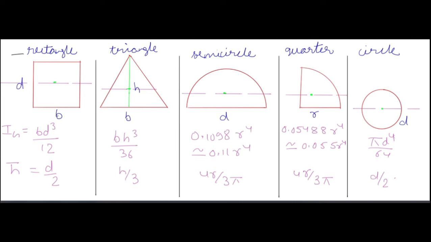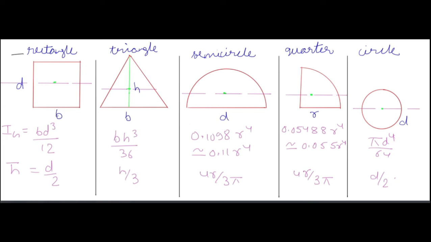I am stating in this presentation where the centroid is, so don't just copy paste this h bar value into that formula. Depending on the area we will have the centroid value.